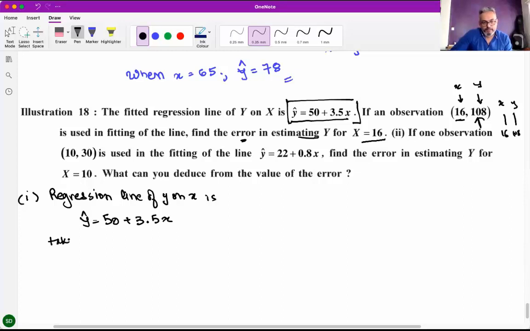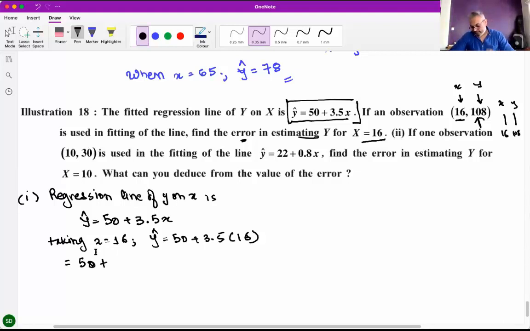Now taking x is equal to 16, y cap is equal to 50 plus 3.5 into 16, which is equal to 50 plus 56, which is equal to 106. Now we say y cap is equal to 106.